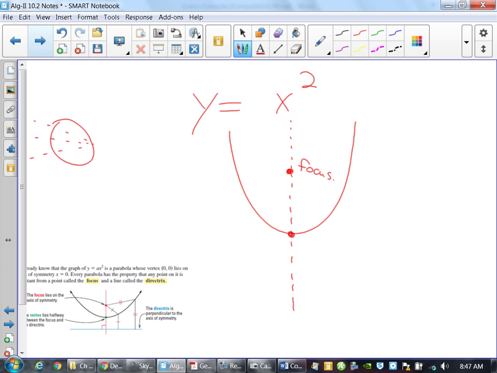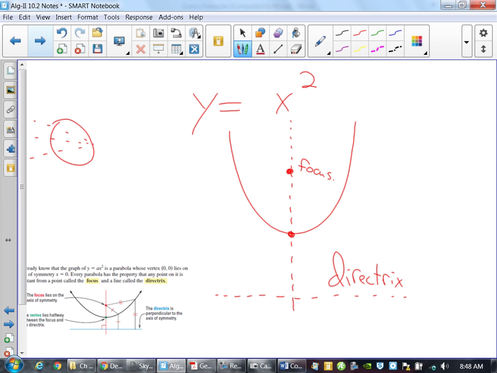So what happens here is that not only is there this point that your parabola is always looking at, in order to keep it balanced out, there's also a value that's behind it. And this is called a directrix. Every single parabola is going to have this focus and a directrix.